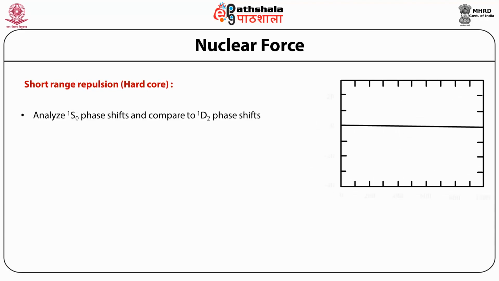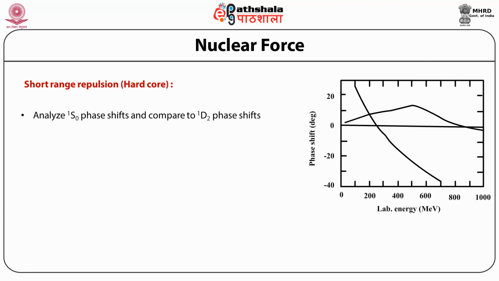It shows that when the L equal to 0 wave crosses the zero line, after that the nuclear force becomes repulsive. So two different natures of phase shift indicate two different behaviors of nuclear force.